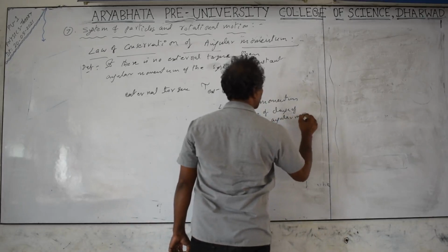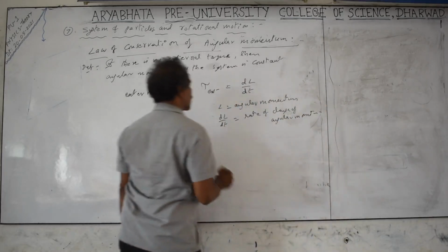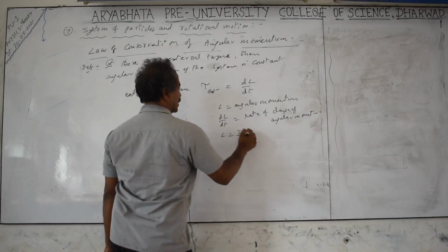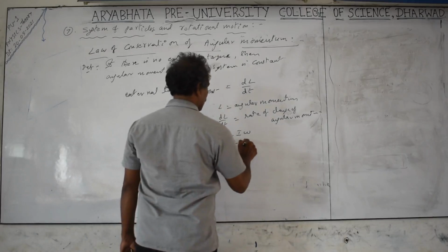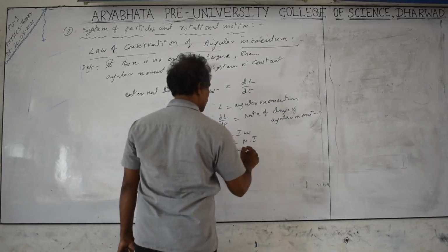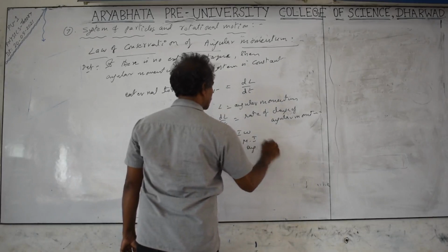In case you are taking a rigid body, then L is equal to I omega. I is moment of inertia and omega is angular velocity.